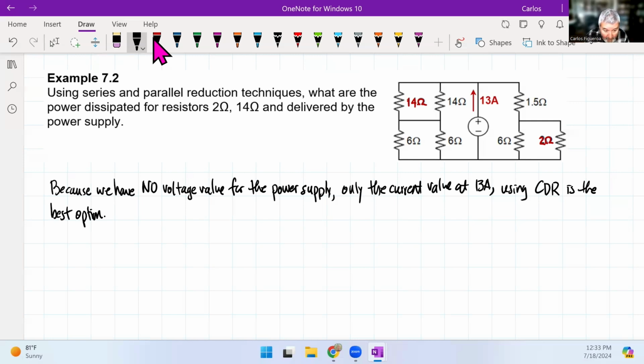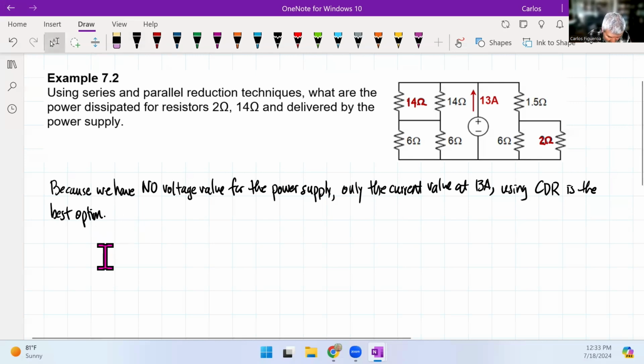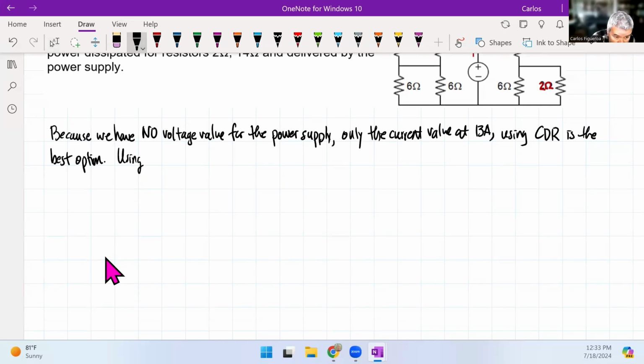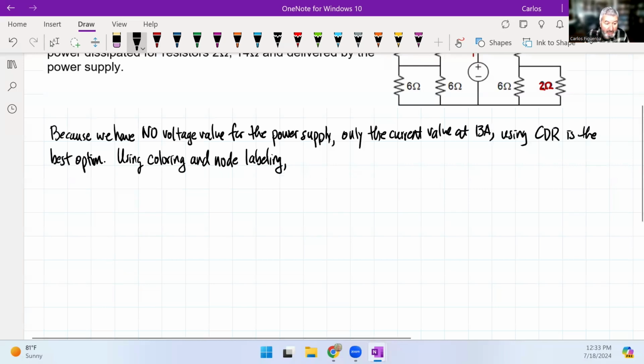So as before, we want to use the color coding. Maybe I should write this down: using coloring and node labeling, here's what I'm going to find.